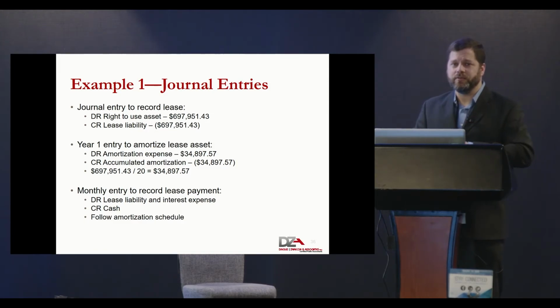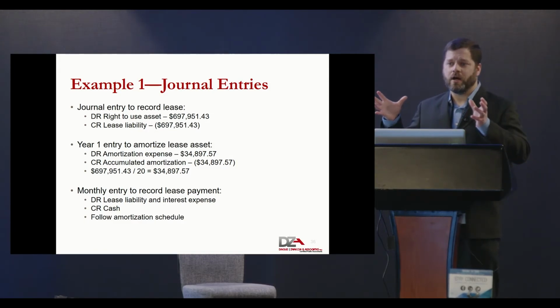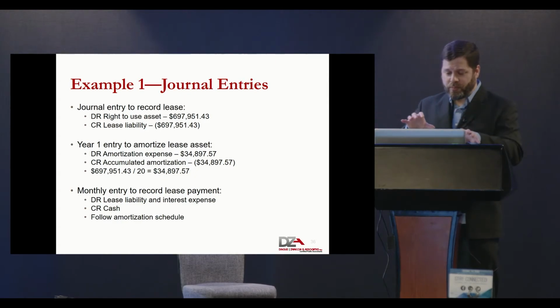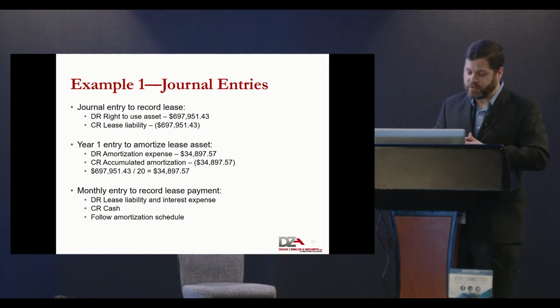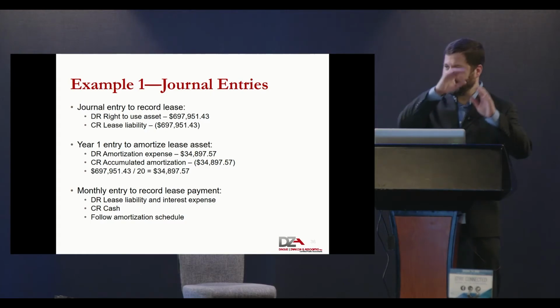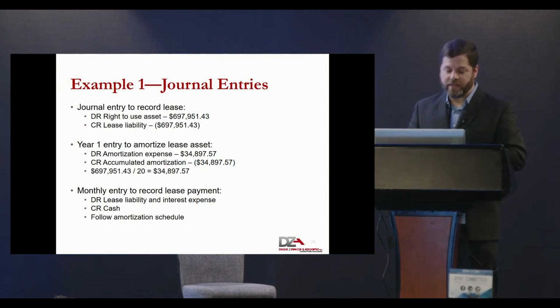And that's really where there's the biggest effect on the income statement, really just for governments, because for non-governments, you're still having operating versus financing, and you're not having that same difference between interest and depreciation, and the interest being higher at the beginning and lower at the end. So really for FASB, not much at all effect on the income statement. GASB, here's where there will be.